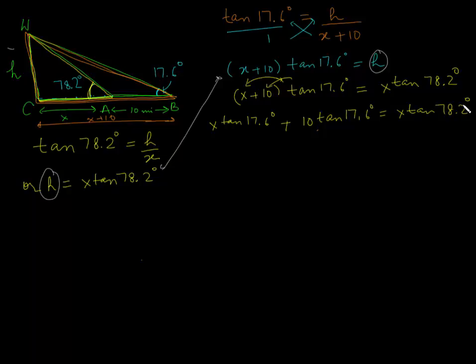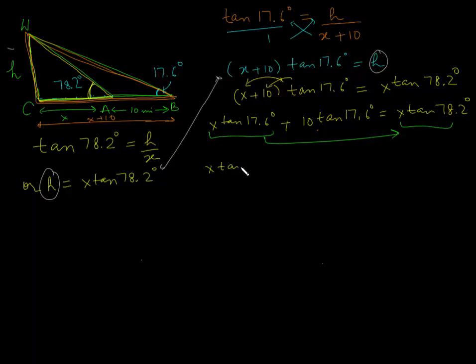And now we know that if we want to solve for x, we have to bring the terms containing x together. So these two terms should be on one side. So we will subtract x tan 17.6 from both sides. Or in other terms, we are moving x tan 17.6 towards the right hand side of the equation.